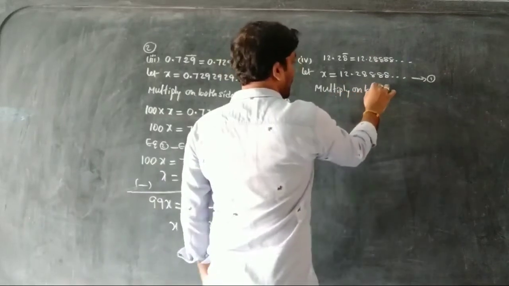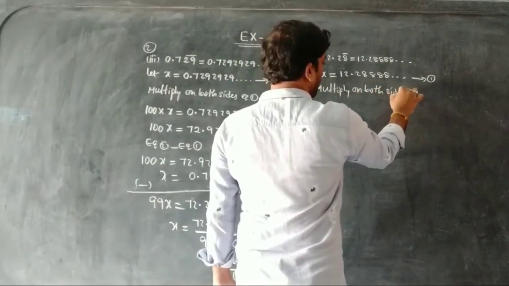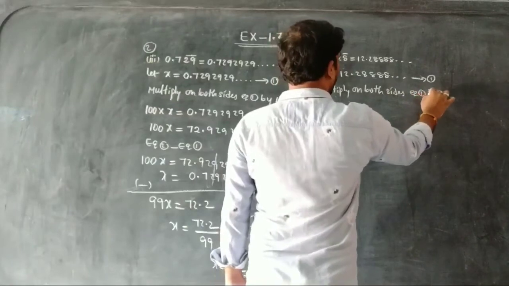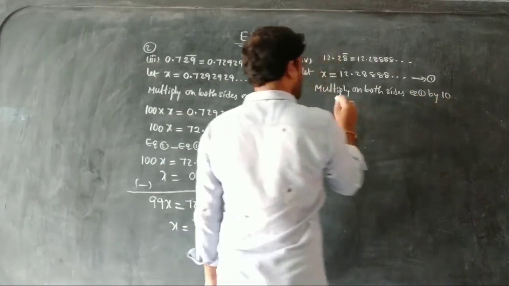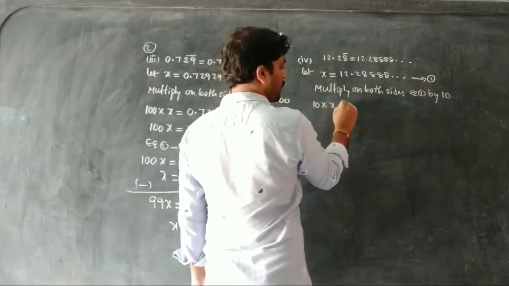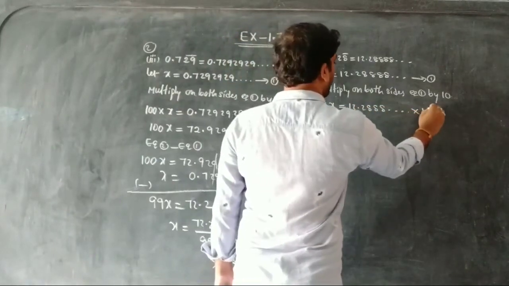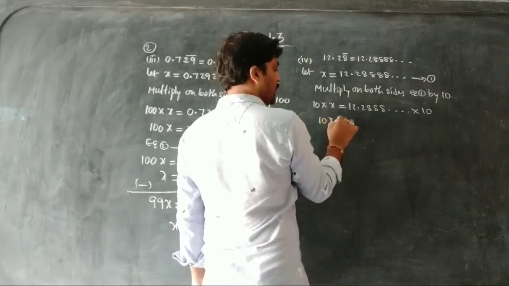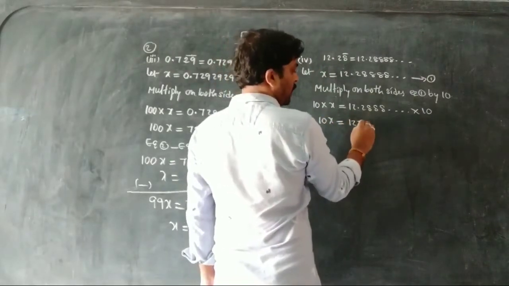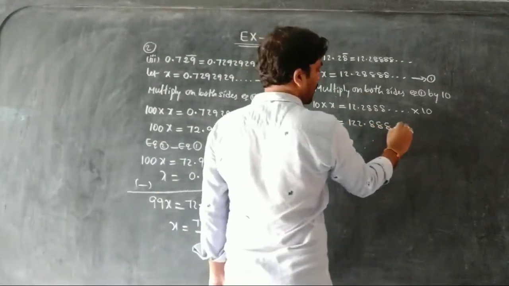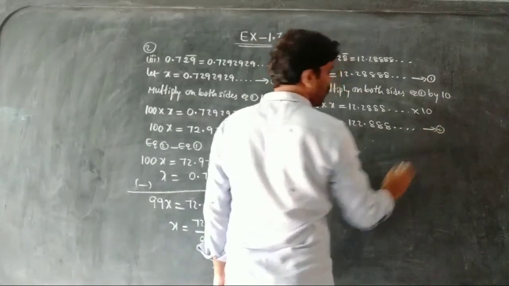Multiply on both sides equation number 1 by 10. So 10 into x, and 12.28888 and so on into 10. That is 10x is 122.888 and so on. This is equation number 2.